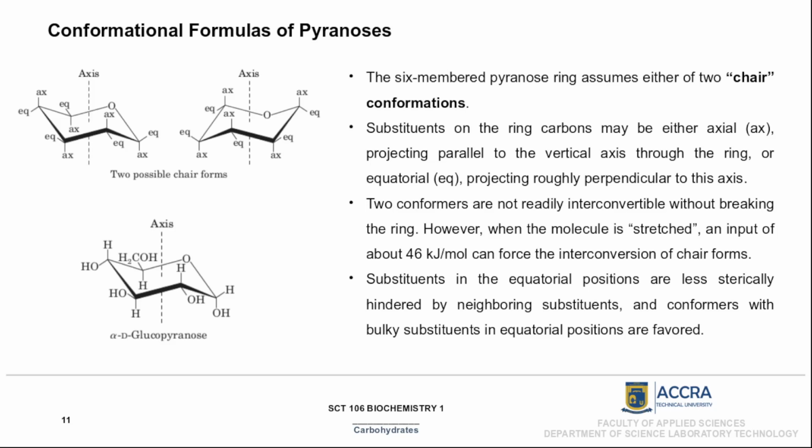Before you can convert between alpha and beta chair conformations, there has to be some breakage of bonds and formation of bonds. It may still happen without the breaking of bonds, just by stretching, by applying some energy up to about 46 kilojoules per mole for this to happen.